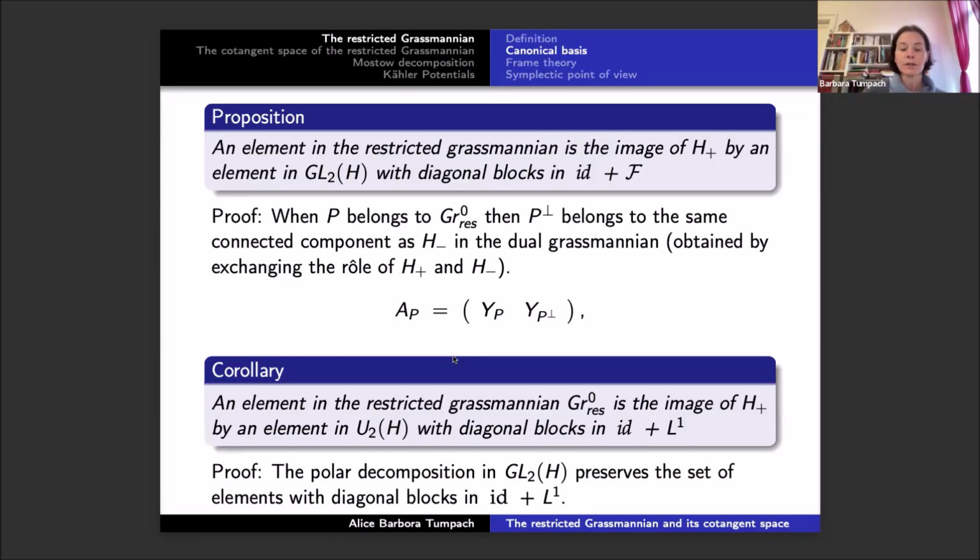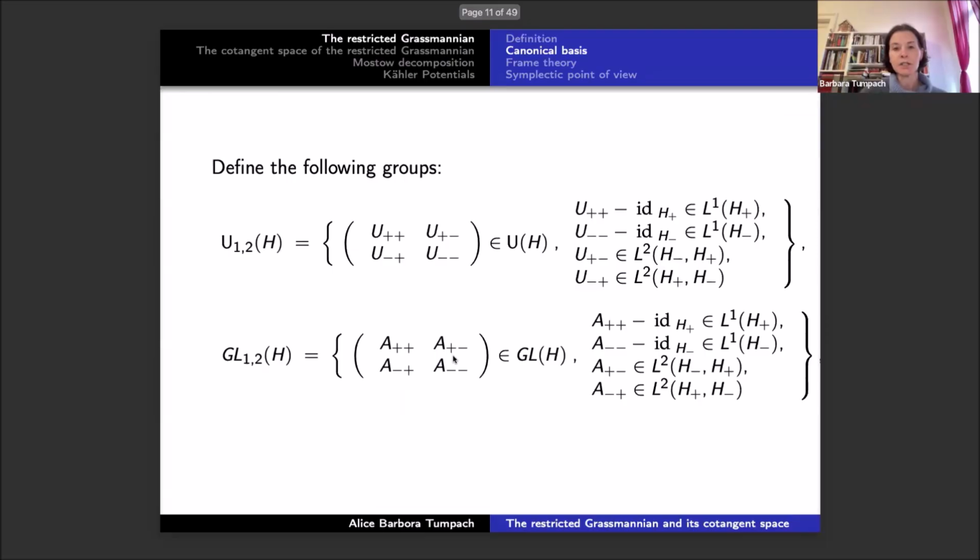which I will denote by U1,2. So these are Hilbert-Schmidt operators, but with respect to the decomposition H plus and H minus, we have identity plus L1 on the diagonal. Here is a definition. This group U12, if we decompose operators with respect to H plus and H minus, consists of operators that differ from the identity by a trace class on the diagonal blocks, and the off-diagonal blocks are just Hilbert-Schmidt.